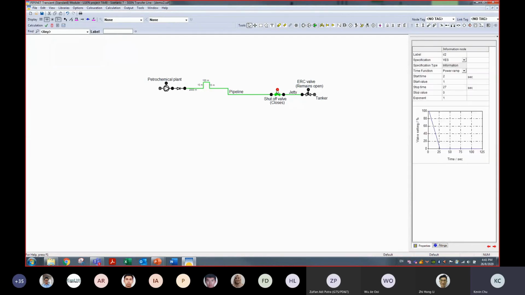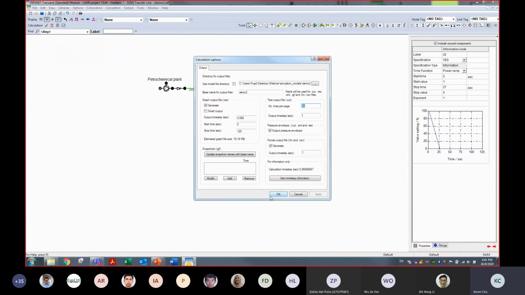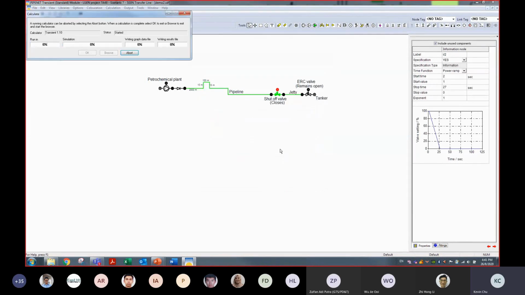After I change this, I can just run the case again and see what happens.